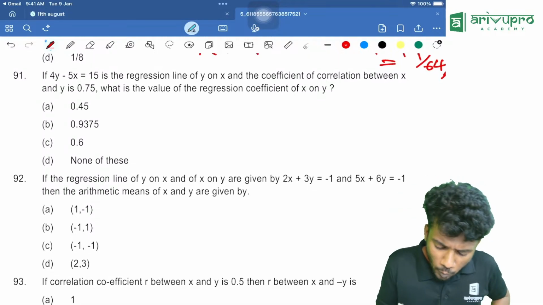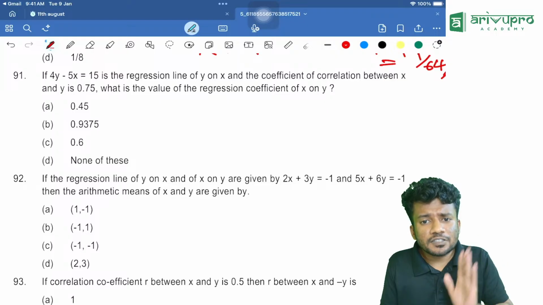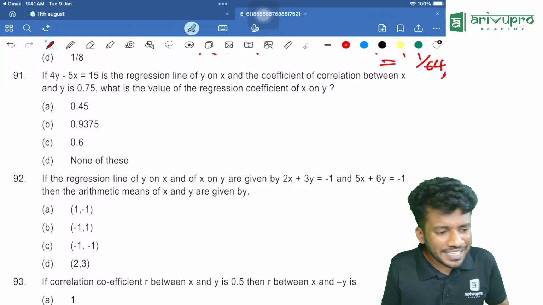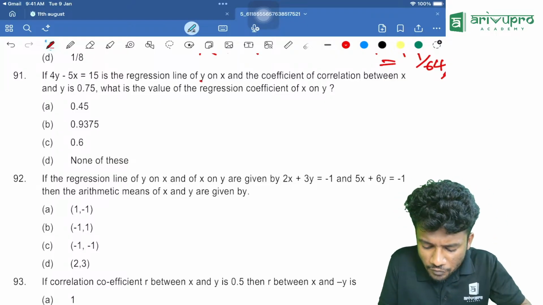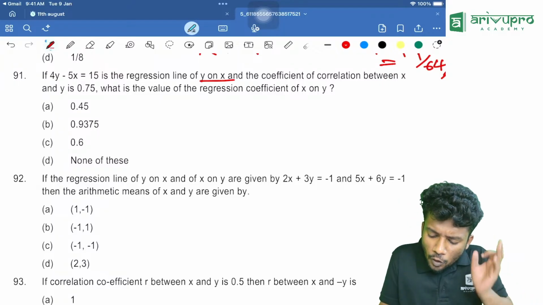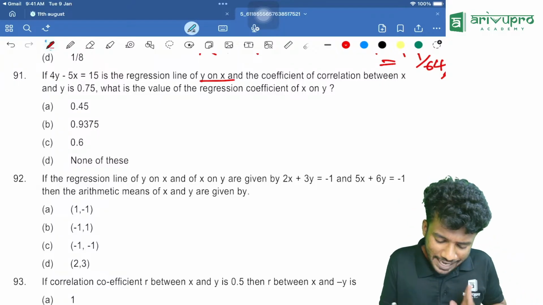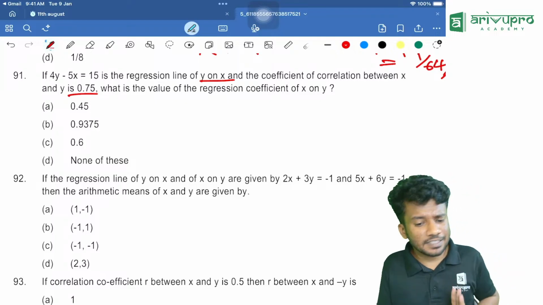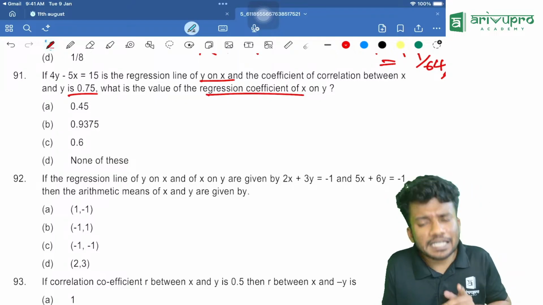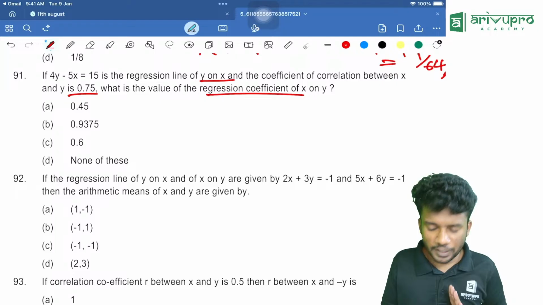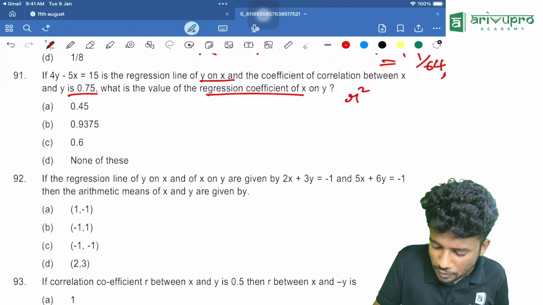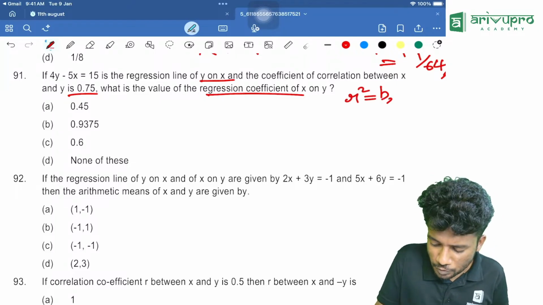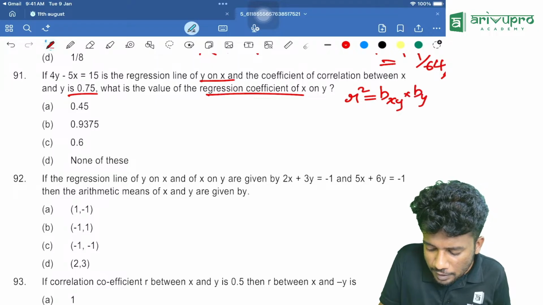Now if 4y minus 5x is equal to 15 is the regression line of y on x, and the coefficient of correlation is 0.75, then find the value of the regression coefficient of x on y. We know one thing, the formula: the correlation coefficient squared is equal to bxy into byx.